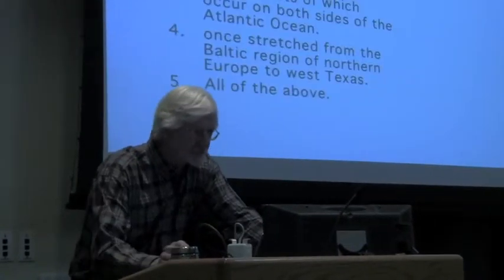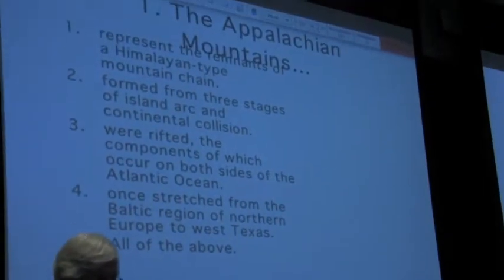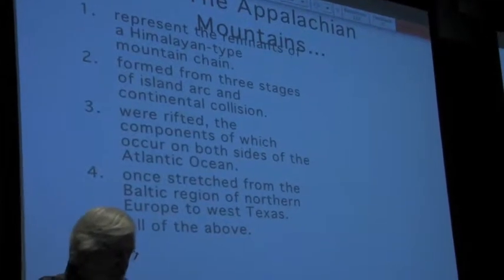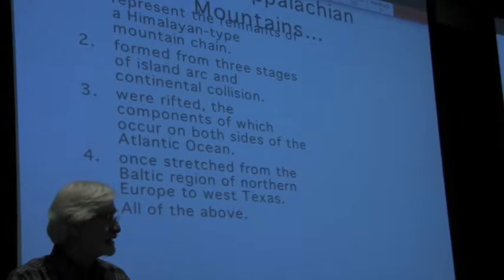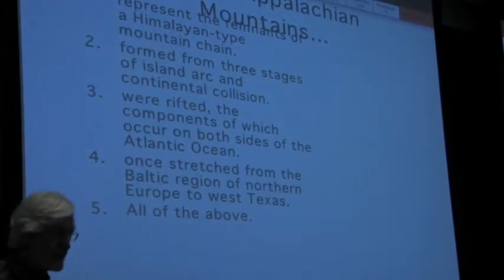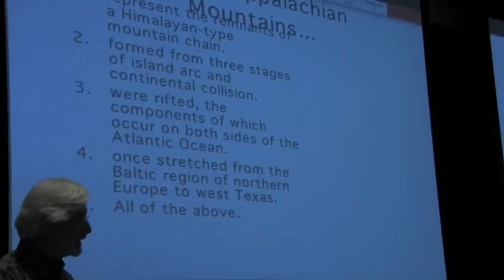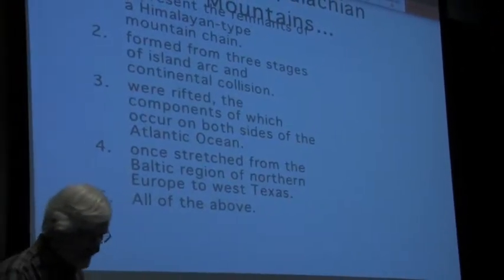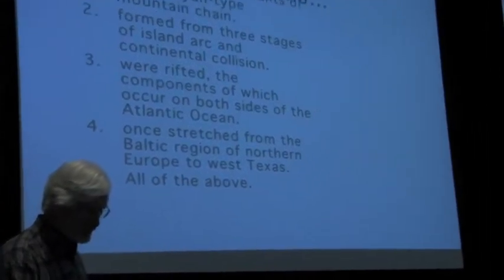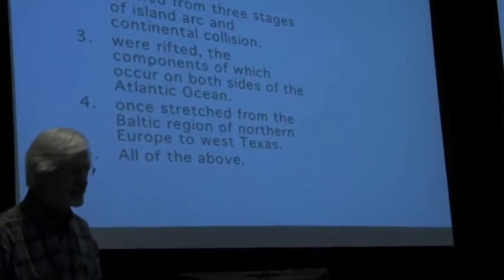Multiple choice. Here we go. The Appalachian Mountains represent the remnants of a Himalayan-type mountain chain. 3 stages of island arc continental collision were rifted, now on both sides of the Atlantic. One stretched from the Baltic region of northern Europe to West Texas. And all of the above.